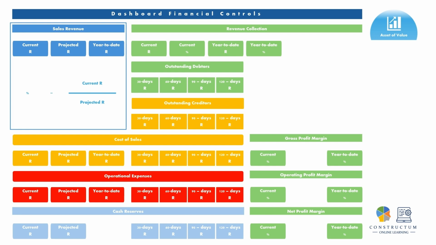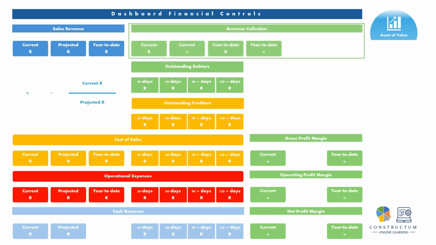The next item is revenue collection. How well is the business doing in terms of collecting sales revenues? I like to include a formula: revenue collected over total sales revenue, where revenue collected is per the cash flow statement, reflecting the actual cash flowing into the business in the form of sales revenues collected from paying customers over the accounting period, and total sales revenue as per the profit and loss statement, reflecting the sales transactions for the accounting period.